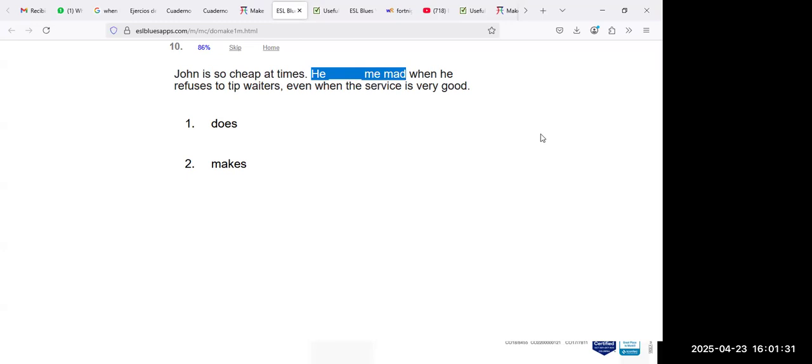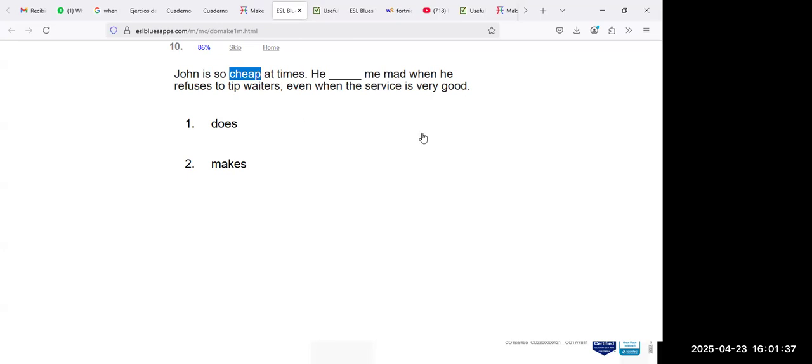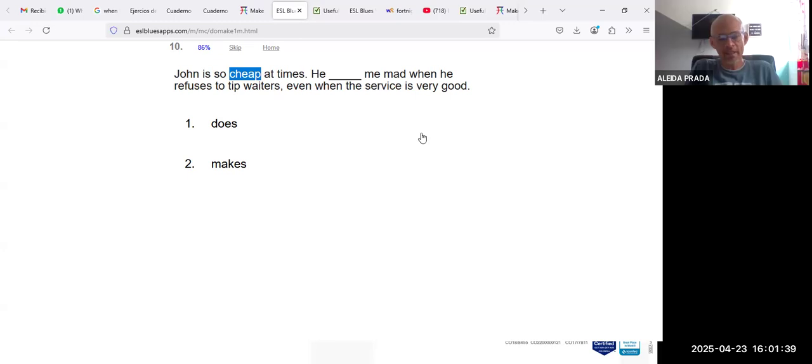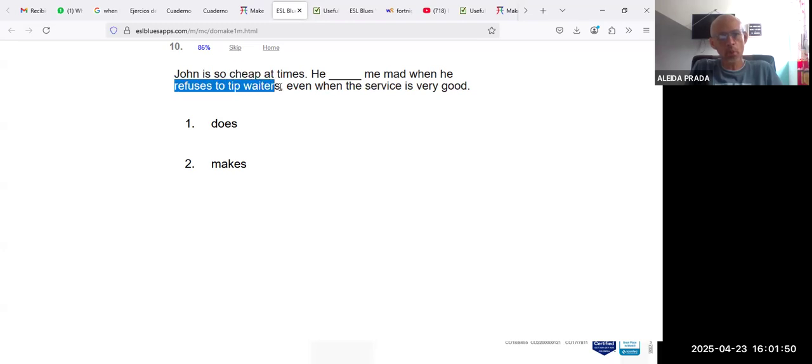John is so cheap. You don't know what is cheap? Barato. Yes, cheap is that, but it has another meaning, and we're going to figure it out. Look at this. John is so cheap at times. He makes me mad when he refuses to tip waiters. You know what is tip waiters?